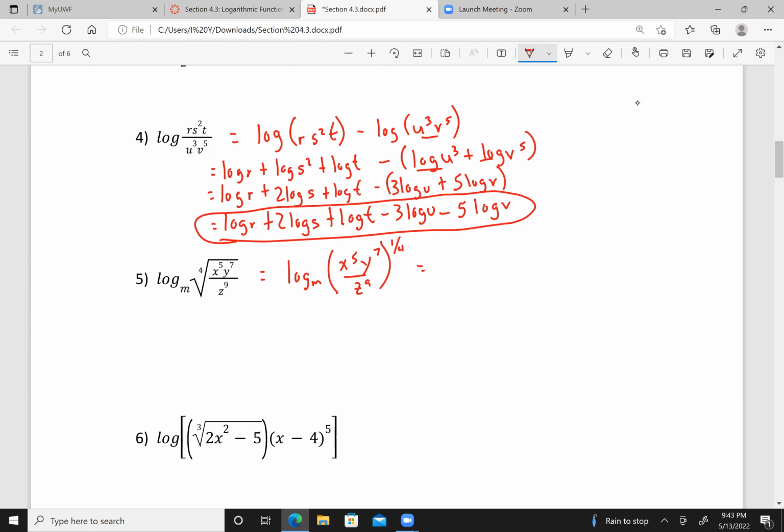We can go ahead and bring out this 1/4. And then we can do log base m x to the 5th plus log base m y to the 7th minus log base m z to the 9th.